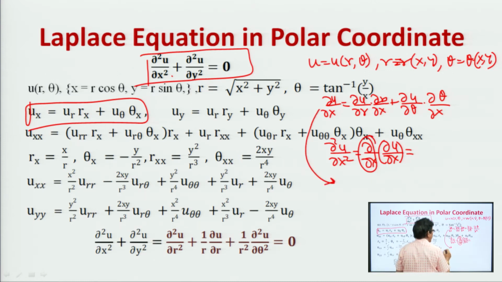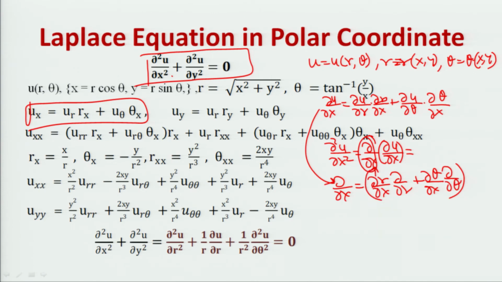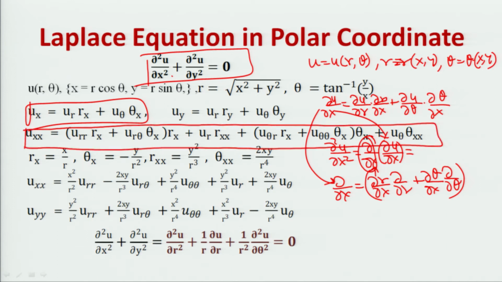So, make an operator of del upon del x over here: del upon del x equals del r upon del x into del upon del r plus del theta upon del x into del upon del theta. Operate this operator over here on del u upon del x, and we would get u xx as this much.